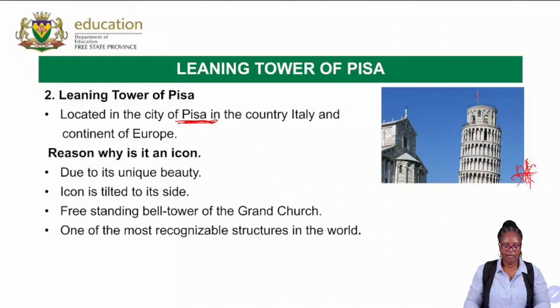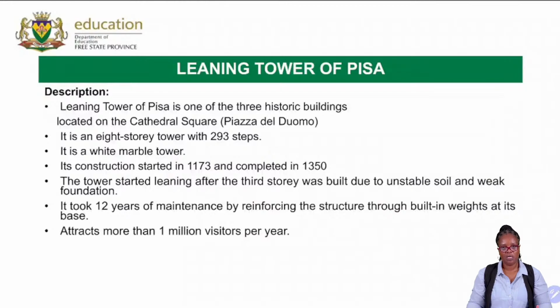That's why it is an icon. This tower is different from other towers. It is not standing straight like the rest. It is slightly tilted to the side. And it is the freestanding bell tower of the Grand Church. And it is most recognizable in the whole world because of the way it is tilted to the side.